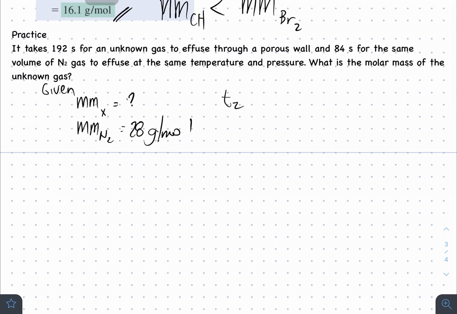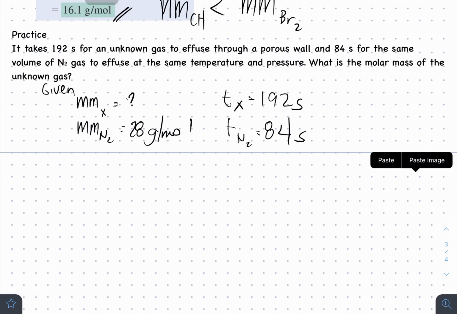The time of X took 192 seconds and the time of nitrogen gas is 84 seconds. With this comparison, nitrogen gas took a lower amount of time to effuse, meaning it is faster, so it is expected to have a higher rate.